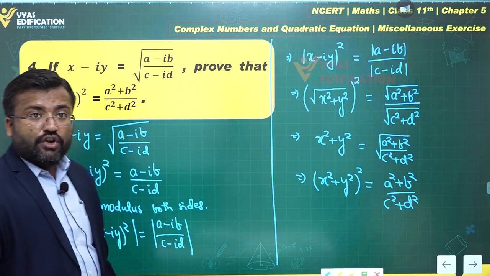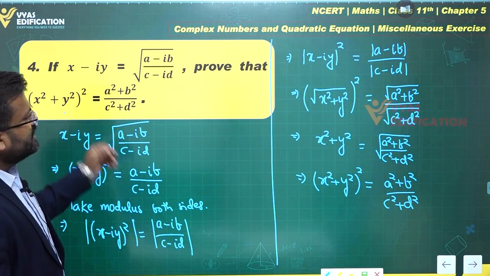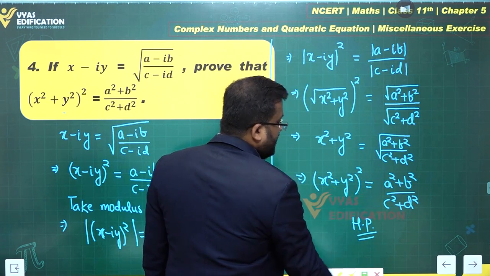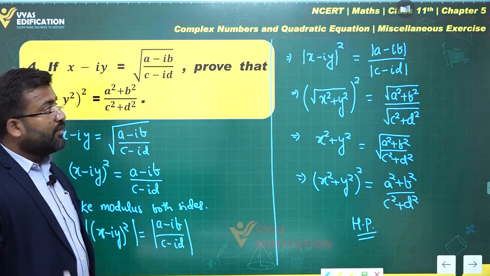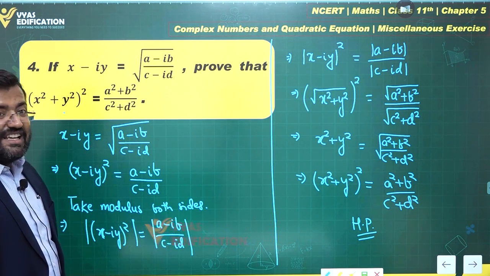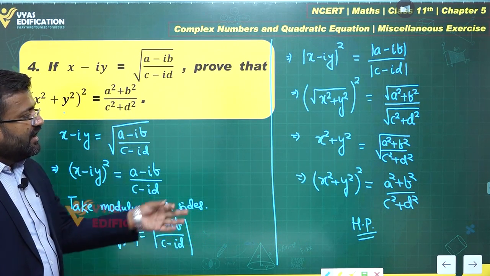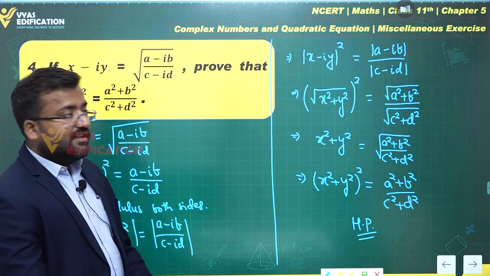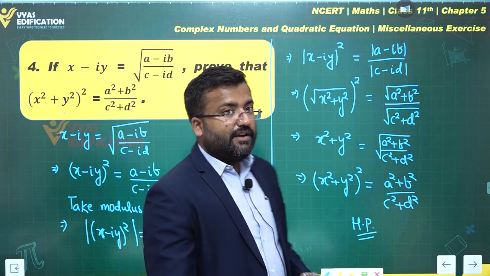And is that what you wanted to prove? Yes, we wanted to prove this only. So with the given condition, we have reached the equation which we wanted to prove. We have reached this stage by a series of manipulative steps, that is taking modulus and all, and that is giving us the final proof over here, right?